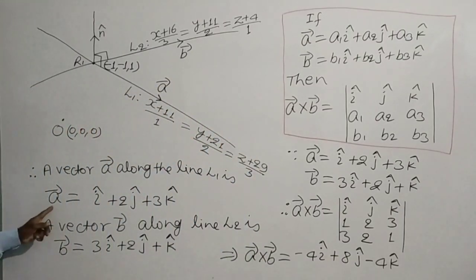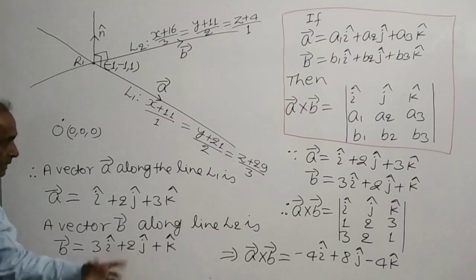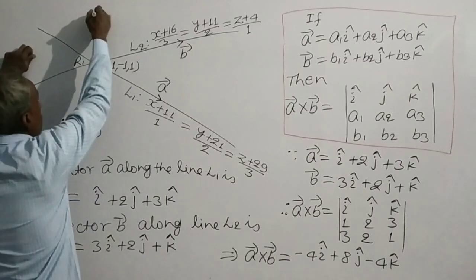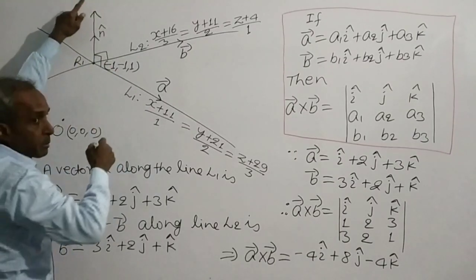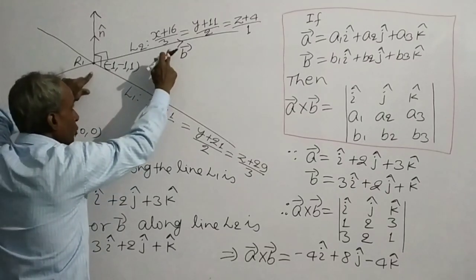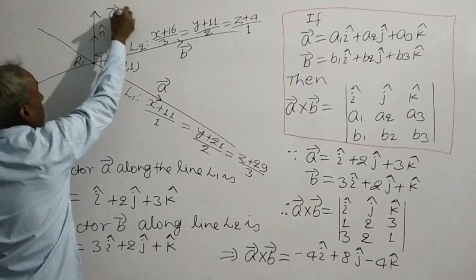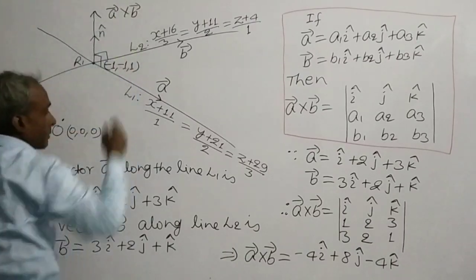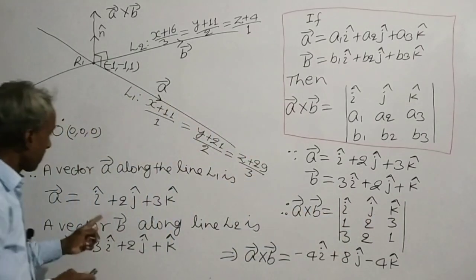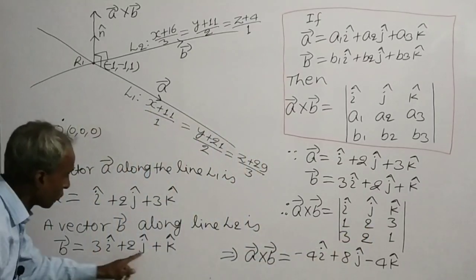Since vector A is equal to this and vector B is equal to this, vector A cross B, which is perpendicular to both vector A and vector B, will be the determinant with rows i cap, j cap, k cap; 1, 2, 3; 3, 2, 1.